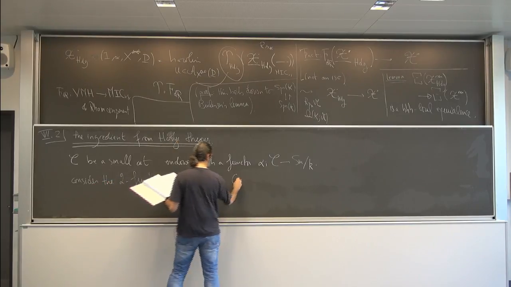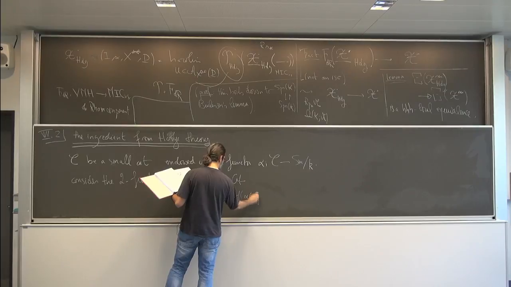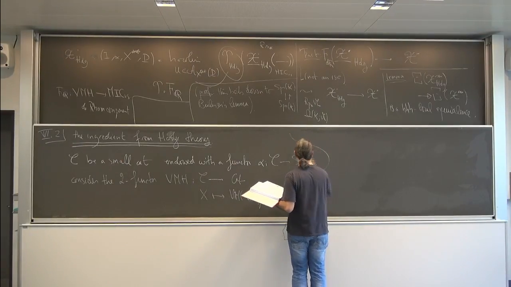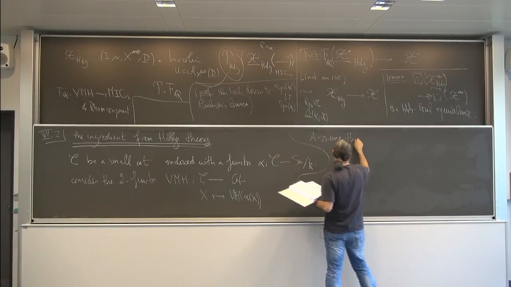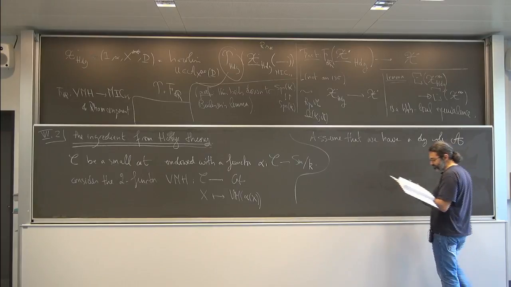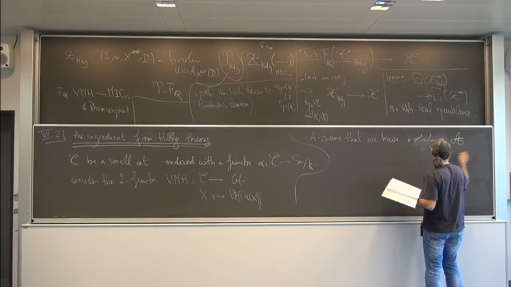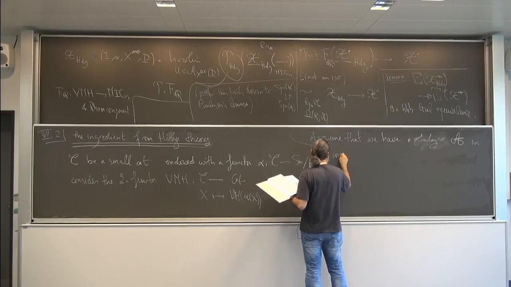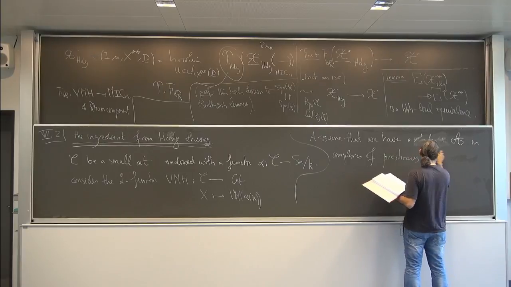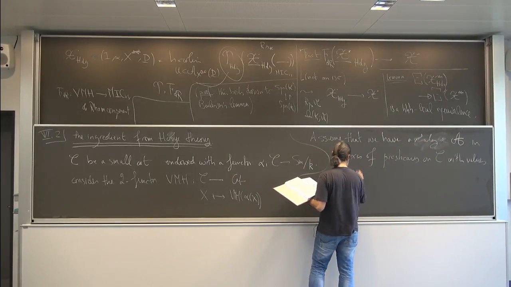Now I consider this from C to categories, and it takes X to VMH of alpha X. Okay, so we assume that we are given, let's say, a DG algebra A, just an algebra A in the category of complexes of presheaves on C with values in VMH.